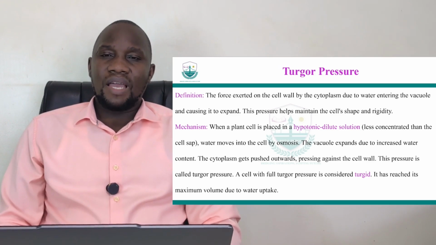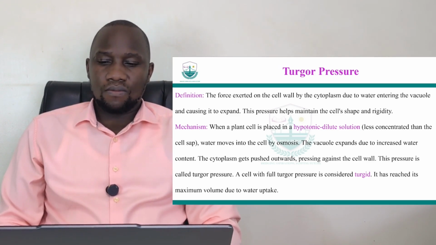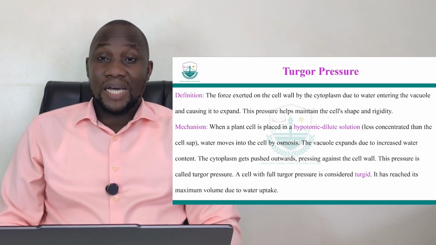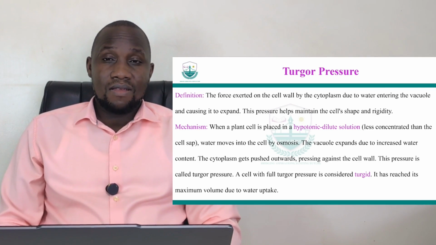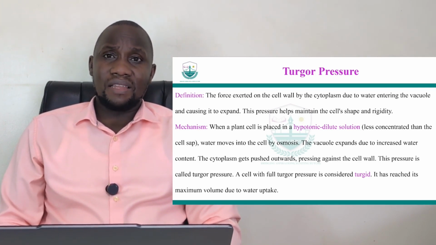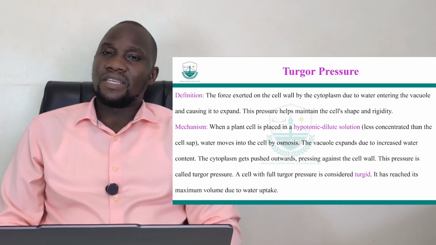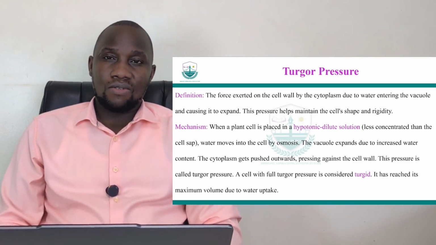And now when you have a hypotonic solution, it has less solute concentration than the cell sap. And here we are talking about some parts of the cell. The cell sap obviously can be the cell vacuole. It is in the cell vacuole that we are having the high solute concentration.